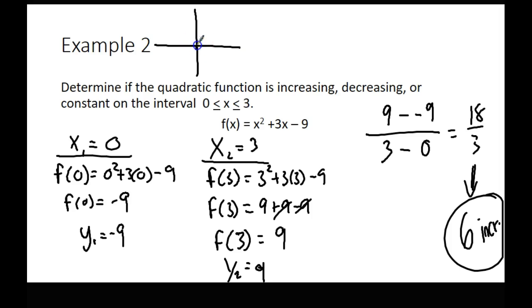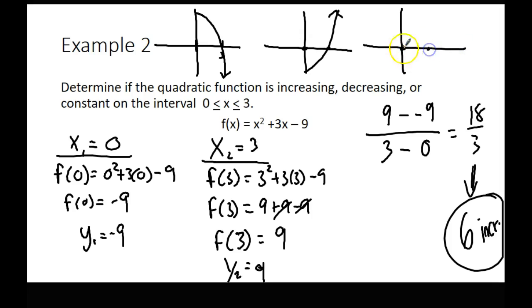Because here's x equals 0, here's x equals 3, right? Now, don't you agree that my parabola could be doing this on that interval? Or it could be doing this on that interval. Or maybe it could be doing this on the interval. So we really don't know as we go from 0 to 3 whether this thing's going down or up.